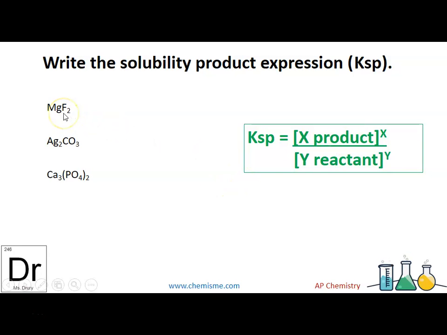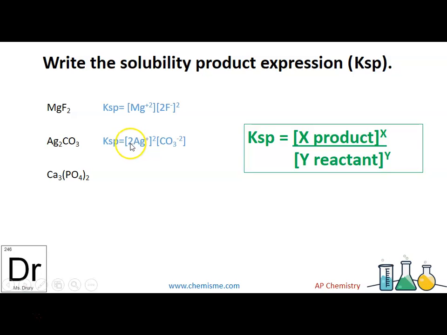So if I was going to write it for MgF2, I'd say that Ksp is Mg ions times 2 fluoride ions, because there's a 2 here, squared. Now if on the test you wrote Mg plus 2 times fluoride squared and no 2 here, that's okay. The squared definitely has to be there. Let's write it again for silver carbonate. So that would be Ksp equals 2 silvers squared times a carbonate ion. And notice there's only 1, so I only have it to the first power.